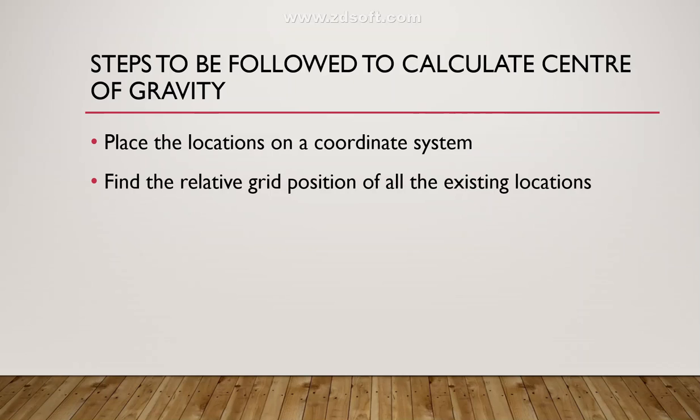Once we have the map locations, we first find the alternative locations, then place those locations on the coordinate system. Based on the alternative markets in a region, we point the x coordinates and y coordinates on the grid.